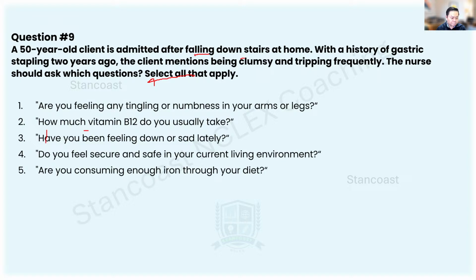And also we are going to ask them, are you feeling any tingling or numbness? These are the neurological manifestations that are specific to the vitamin B12 deficiency. So our answers are 1, 2, 3, and 4.